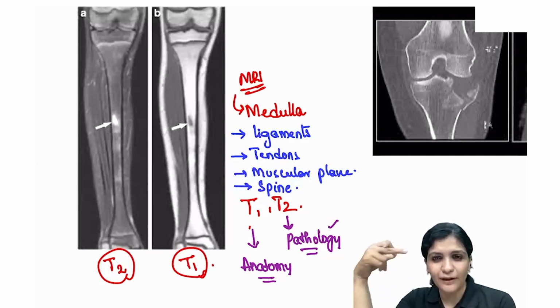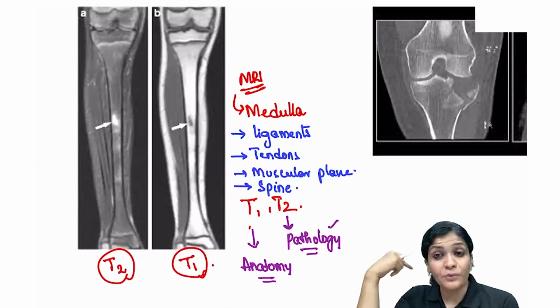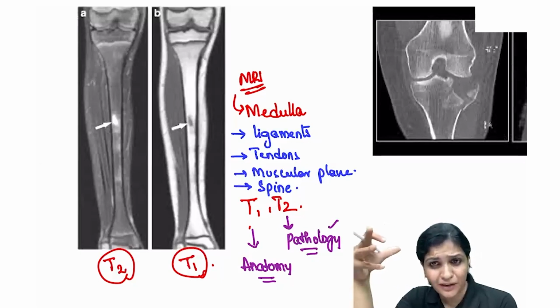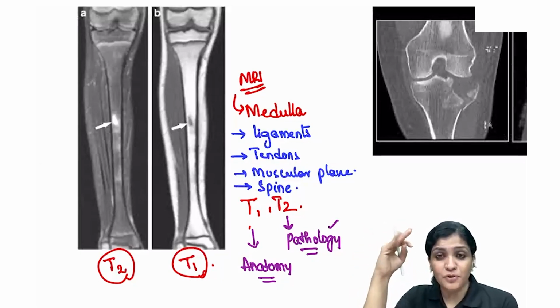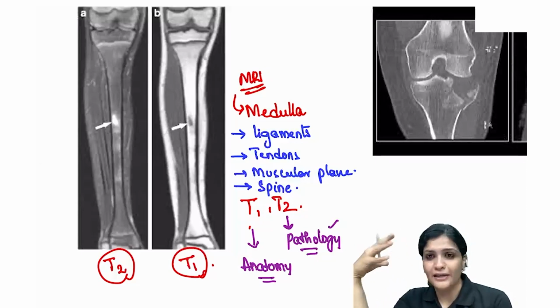So everything we read about the spine. And then ligaments, that is the anterior cruciate ligament, posterior cruciate ligament, all this, the sports medicine entirely, the rotator cuff, we read a lot of MRIs, right? So spine and sports medicine is where the MRI is used most.